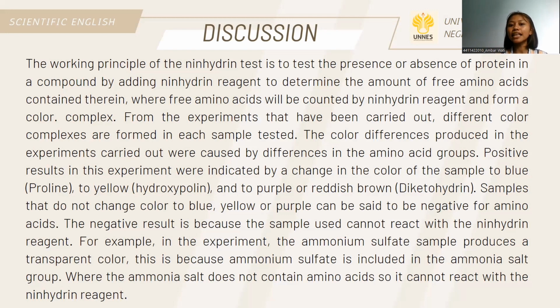From the experiment that has been carried out, different color complexes are formed in each sample. The color differences produced in the experiment were caused by differences in the amino acid group.